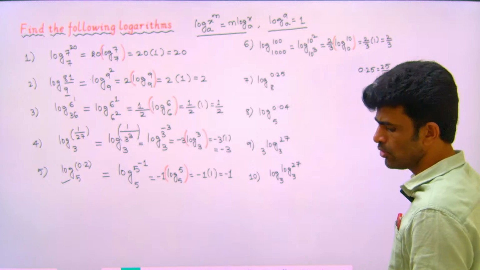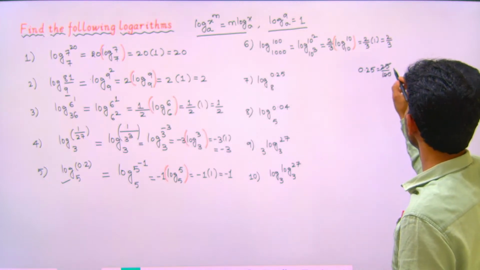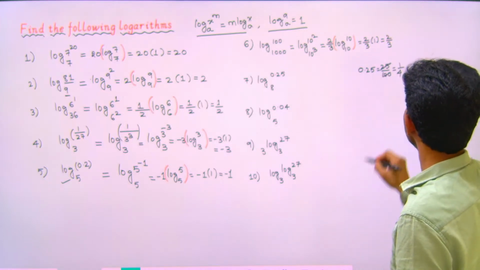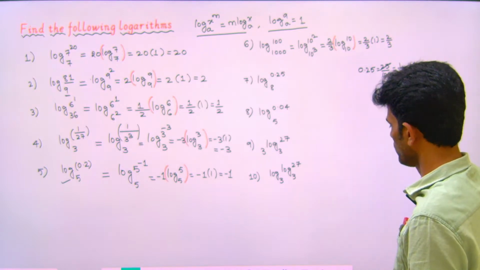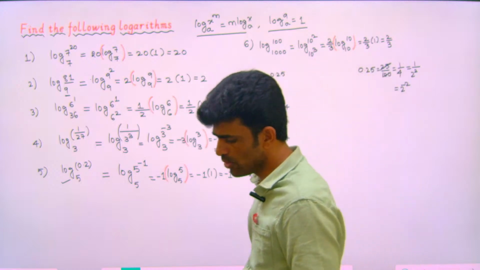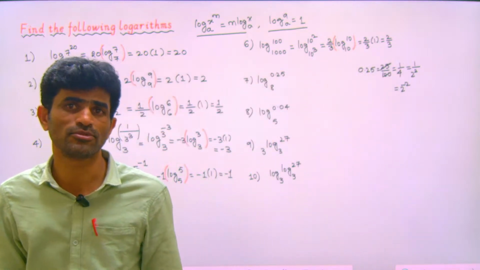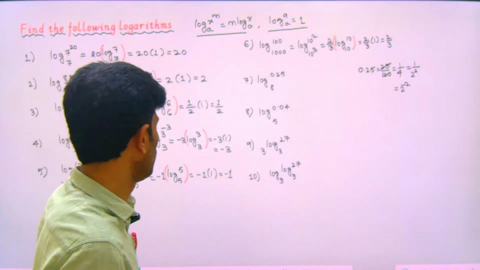Correct? So 25 by 100 after cancellation, what is it? 1 by 4. And 1 by 4 is 1 by 2 power 2, which is 2 power minus 2. Hope you understood how we can express 0.25 in terms of 2.